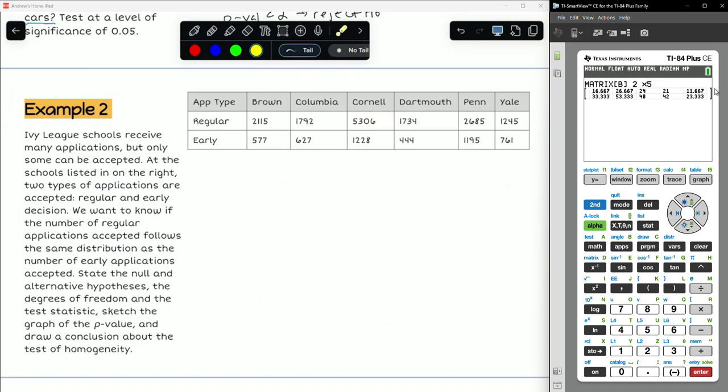So this one was really nice. They told us test for homogeneity. They didn't give us a level of significance, so we're going to assume alpha is 0.05. I know that the values in this table were observed between the regular applicants and the early applicants.